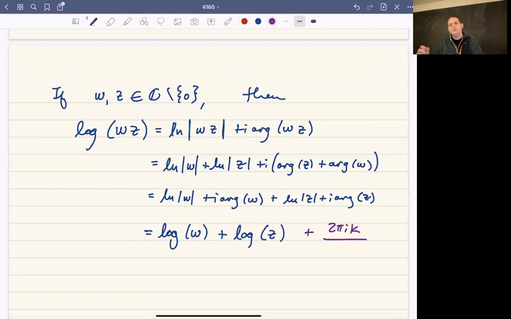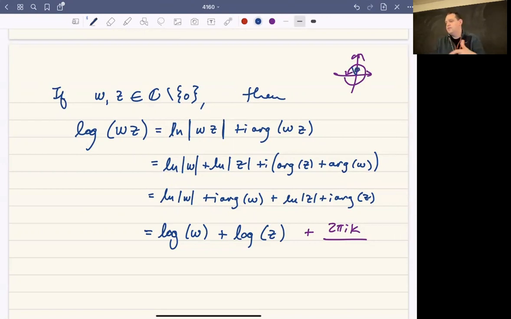So in other words, it's possible if we have two numbers that when you multiply them, so let's say that we're looking at just the branch from negative pi to pi. Okay, so we know that when we multiply the two numbers, just to make this concrete, let's say that we have two numbers that both have the argument 3 pi over 4.